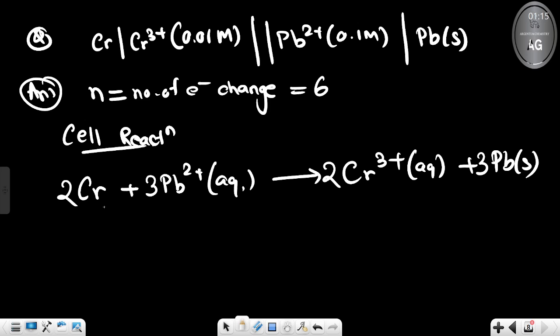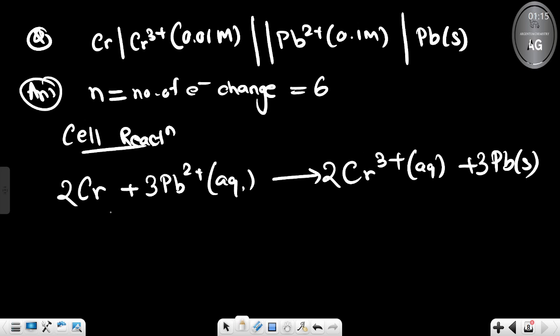The charge on both sides has to be balanced. Very simple, what I am saying. To balance charge, the common number between 2 and 3 is 6. That's why we multiplied with 3 into 2 and 2 into 3. From the cell reaction we understood that 1 chromium loses 3 electrons, so 2 chromium will lose 6 electrons. So the number of electrons changed will be 6, not 3 or 2.